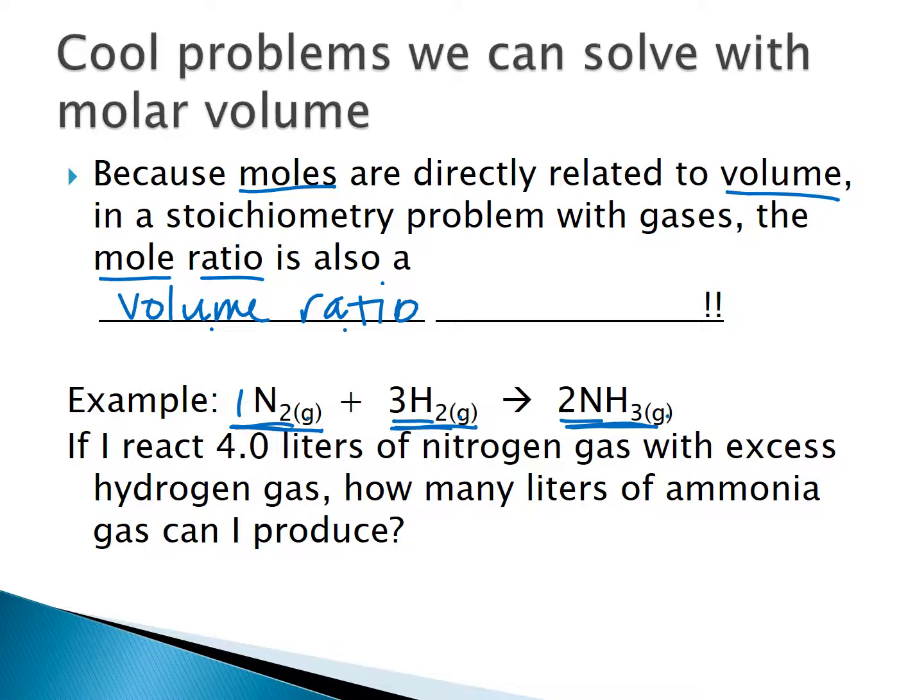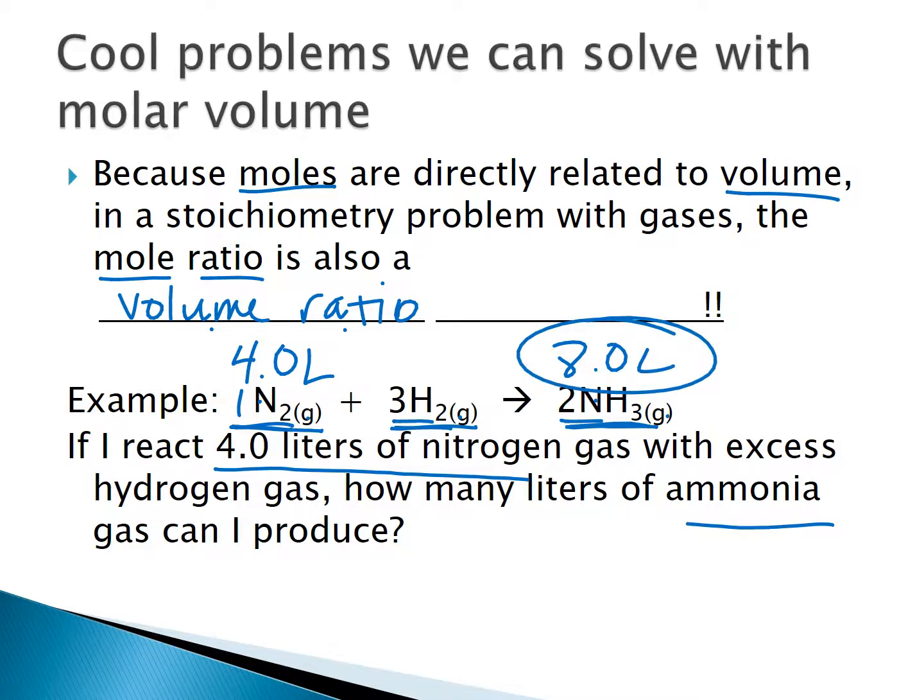So it's asking me, if I have 4 liters of nitrogen, how much ammonia will I produce? Well, for every 1 nitrogen, I have 2 ammonias. So if I have 4 liters of nitrogen, I'm going to have double the amount of ammonia. So I'll have 8 liters of ammonia. We can just use the coefficients to determine the ratio and answer the questions. Very simple.